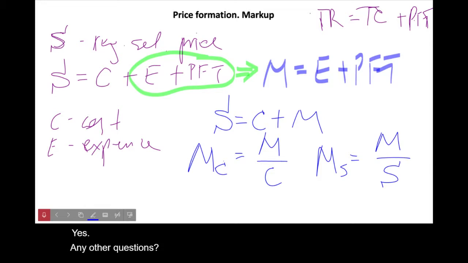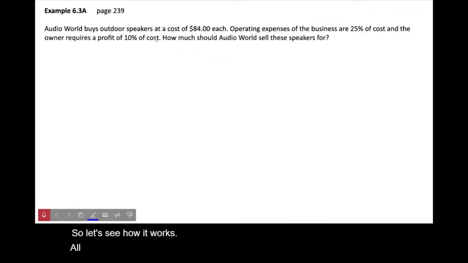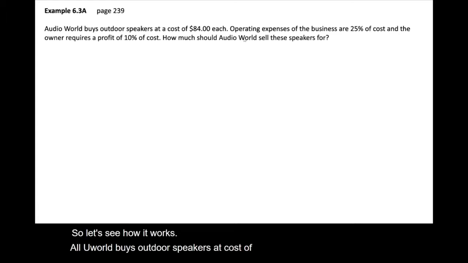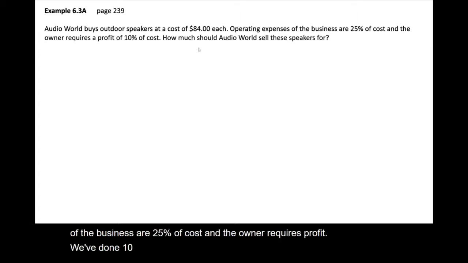Okay, people, let's see how it works. Audio World buys outdoor speakers at a cost of $84 each. Operating expenses of the business are 25% of cost, and the owner requires profit of 10% of cost. How much should Audio World sell these speakers for?